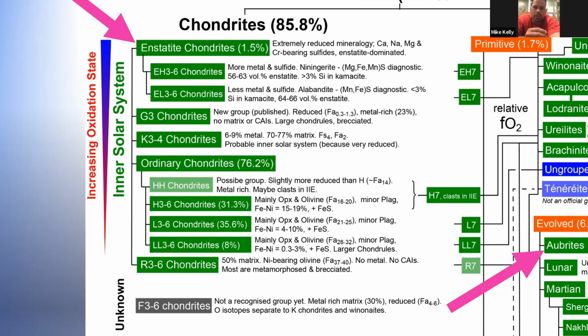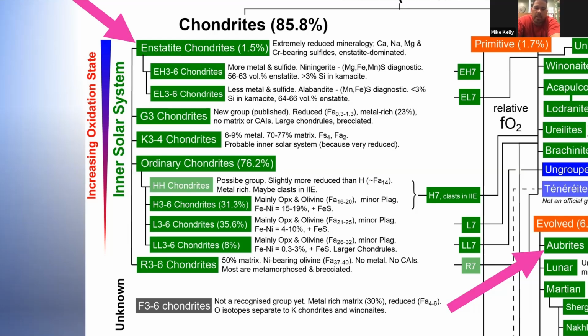Likewise, usually you would take silicon and bond it with oxygen to make silicates, but there's so little oxygen there that the silicon inside the enstatite chondrites and achondrites wasn't able to bond with oxygen, and it ends up stuck inside the metal.